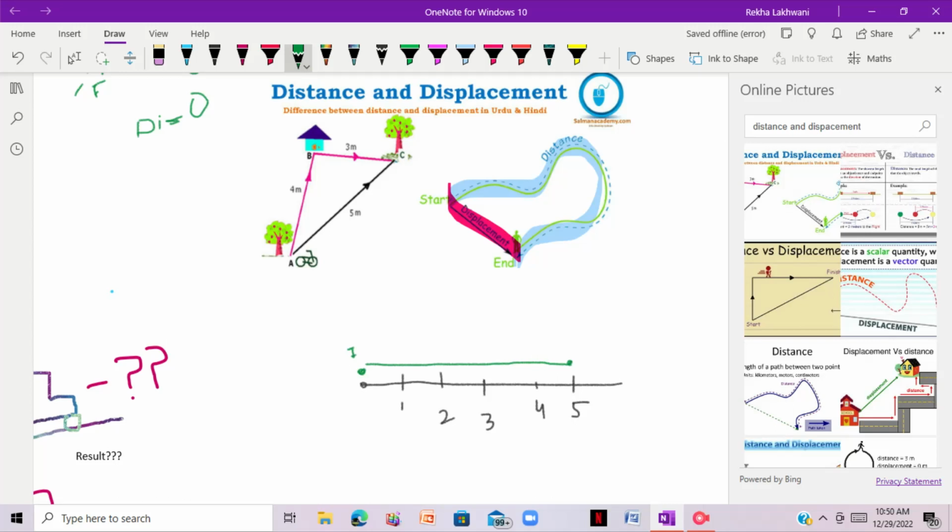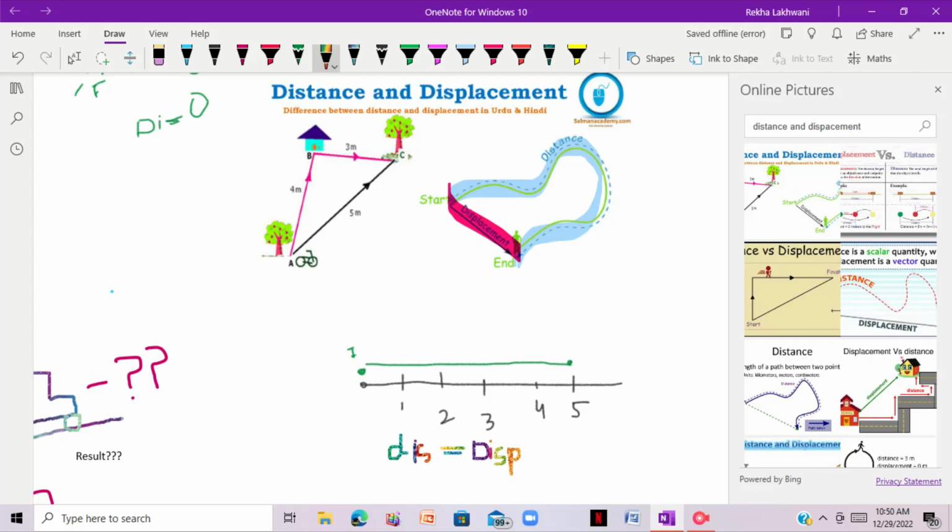What about my displacement? My displacement has decreased, right? Now what is displacement? From initial point to final point. As you can see from here, this is my displacement. The shortest distance is my displacement.